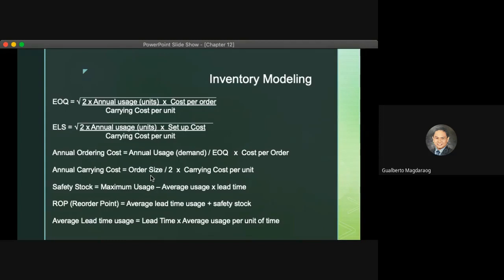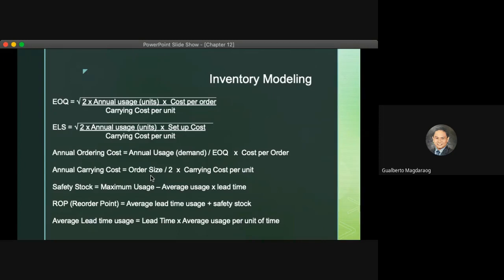And then, finally, is the inventory modeling. The normal problem in inventory is to determine the optimum numbers of units to be ordered so that we can arrive at the least cost of ordering and the least cost of carrying our inventory.